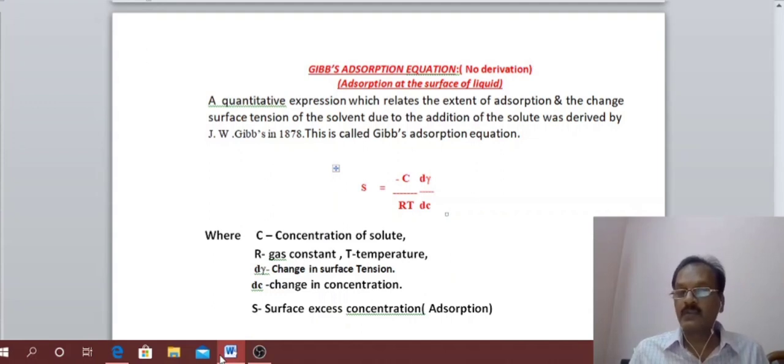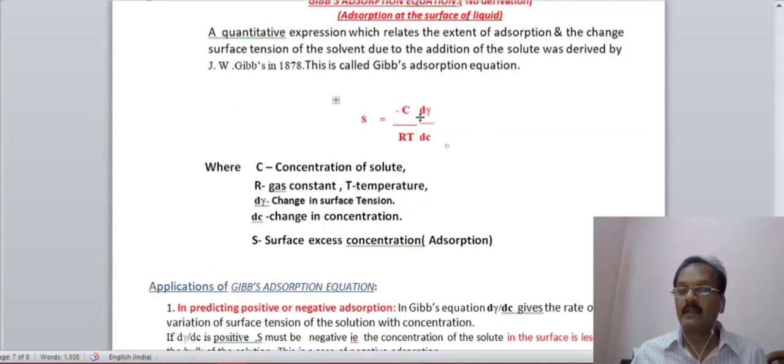The equation is S equal to minus C upon RT into d gamma upon dc. Here C is the concentration of solute, R is the gas constant, T is the temperature, d gamma is the change in surface tension, dc is the change in concentration, and S refers to surface excess concentration, or you can say adsorption.